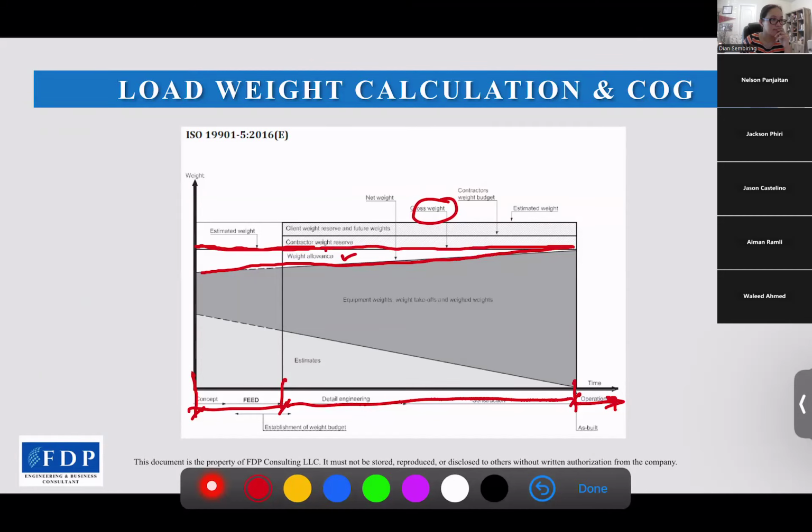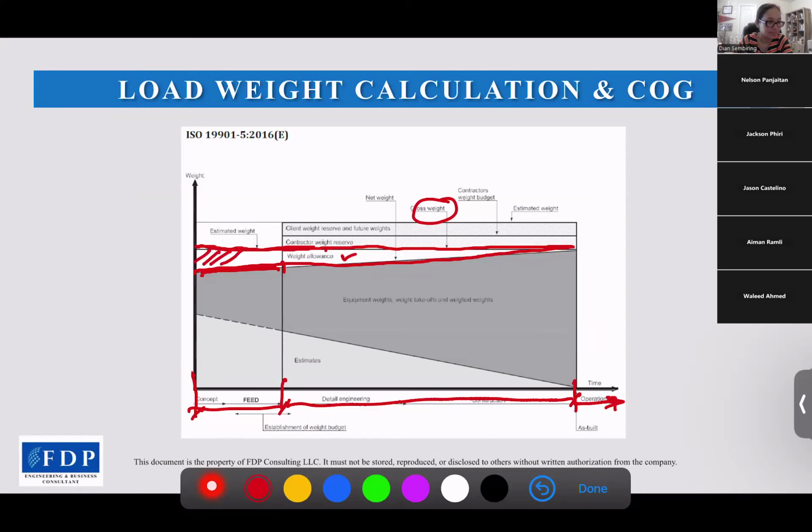Why? For example, during the basic design, the net weight is here. During the basic design, it will have a bigger weight contingency factor to introduce the weight allowance.